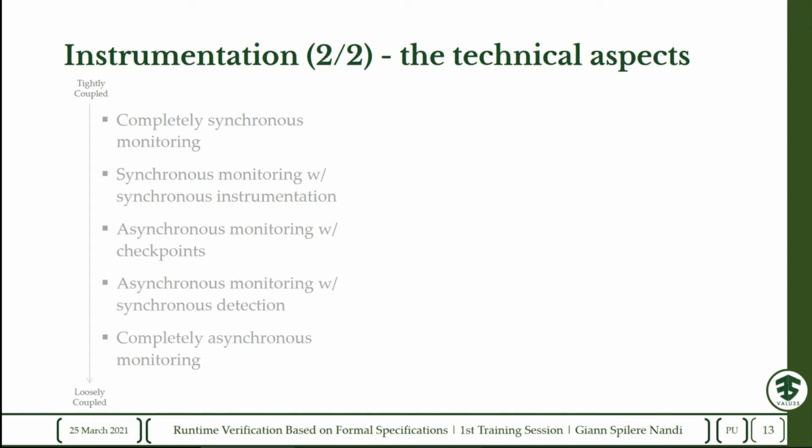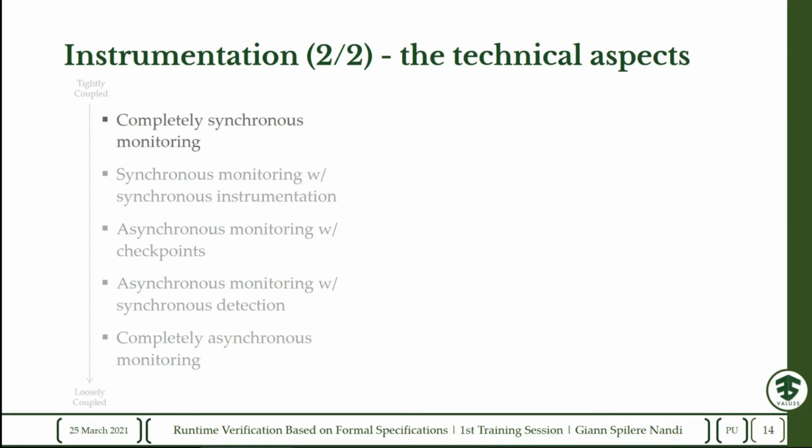To explain each of these items, I just came up with an example where we have a system that has some component called T, and the system is correctly executing when an action is only performed after a login was performed beforehand.